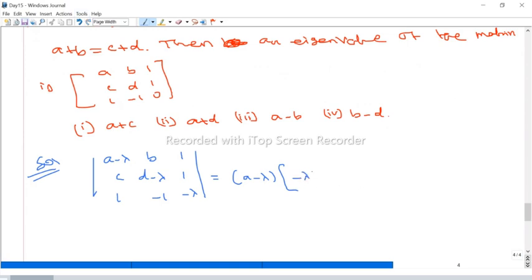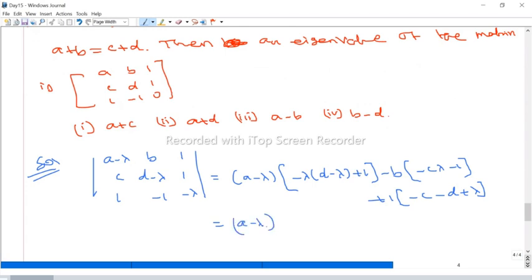Minus lambda times (D minus lambda), minus plus 1. Minus B times (minus C lambda minus 1), plus 1 into (minus C minus D plus lambda). Okay. Now simplify this, what will we get?